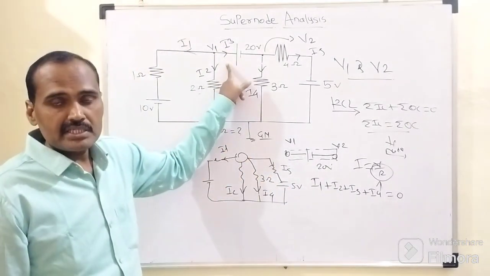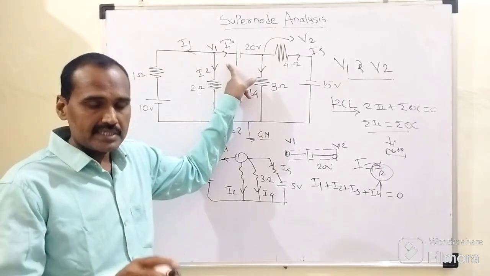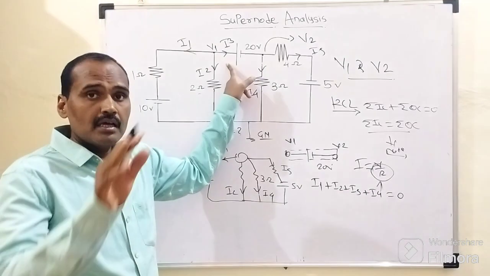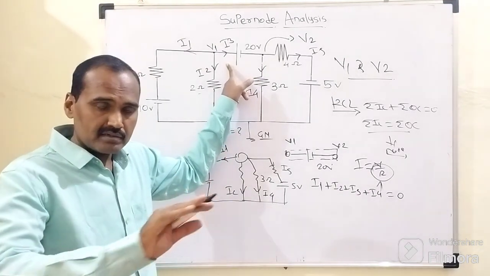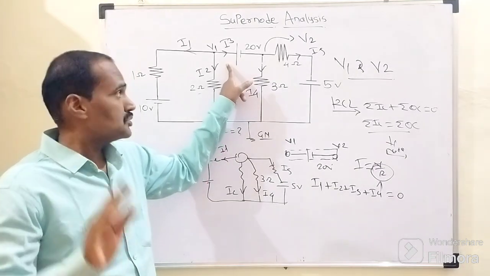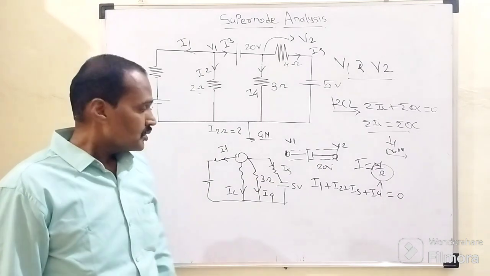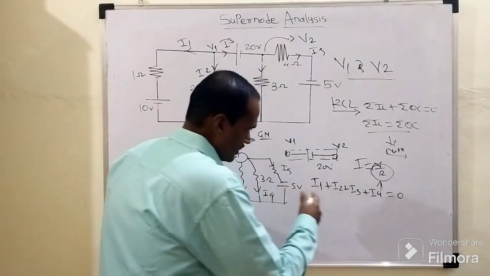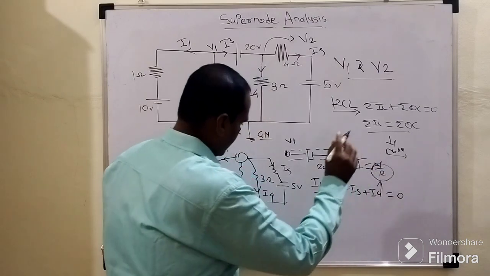The moment this branch is eliminated, in which we have only one voltage source, there will be a formation of supernode as part of the supernode analysis. To that supernode, all the branches are associated. So there are 1, 2, 3 and 4 branches, right? Accordingly we can assign the desired currents like I1, I2, I3 and I4.